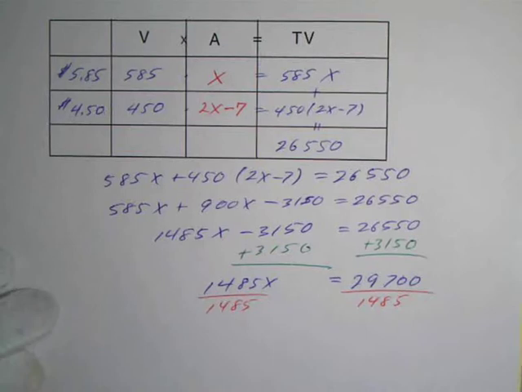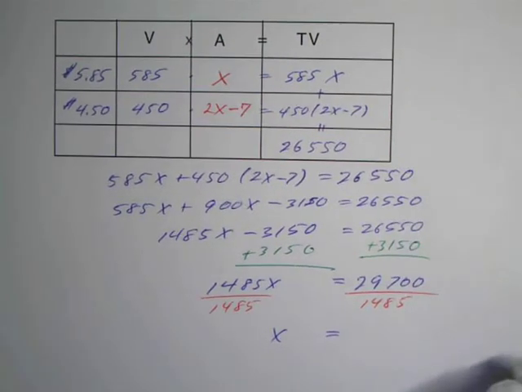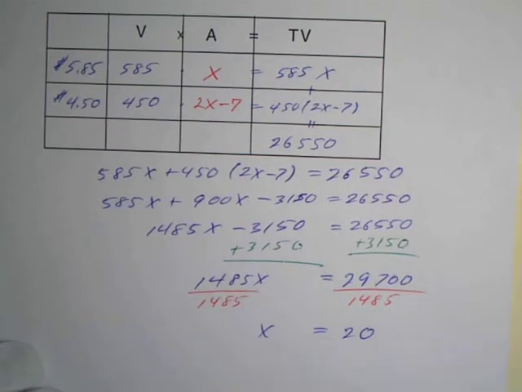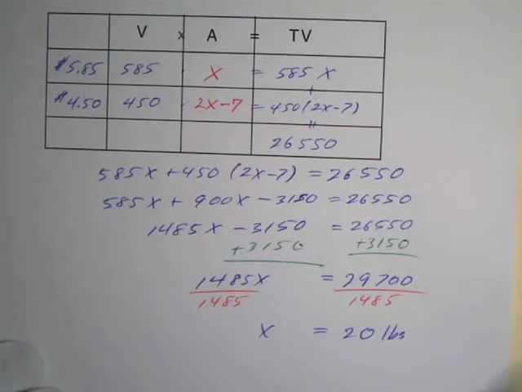And x equals what? It goes in there exactly 20 times, believe it or not. So 20 pounds of the 585 coffee.